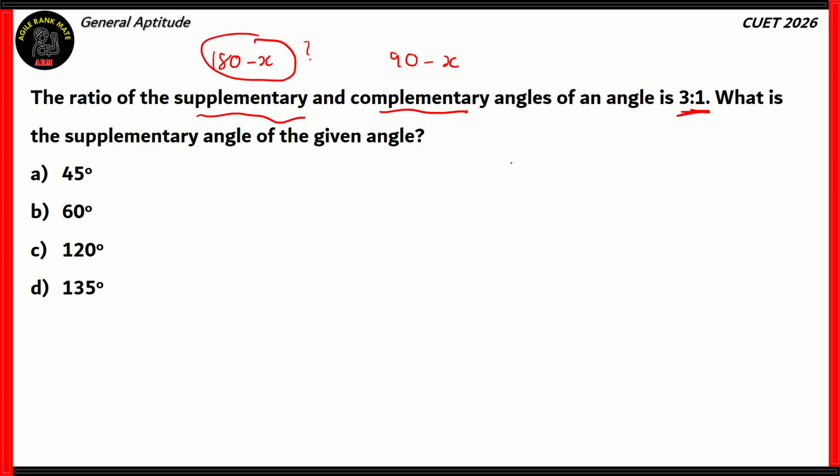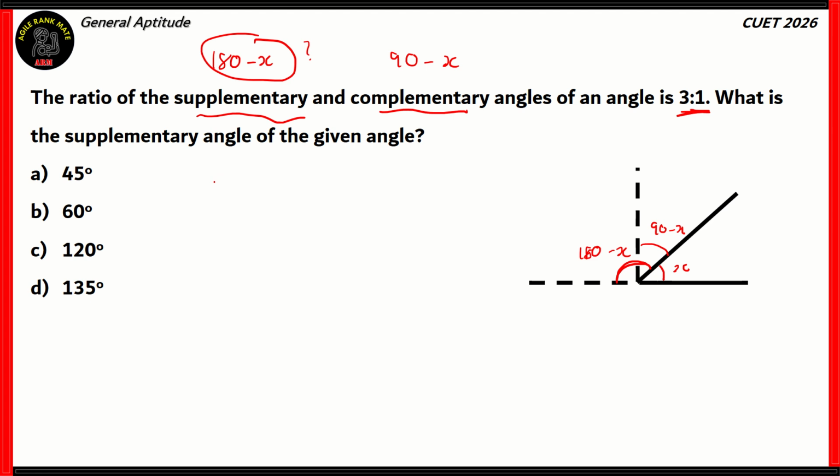Again, when you have angles like this, it's a good idea to visualize it. So here's our visualization. This is our angle x, and the complementary angle in this case will be 90 minus x over here. The supplementary angle will be 180 minus x, which also includes the complementary angle, that is 90 minus x.